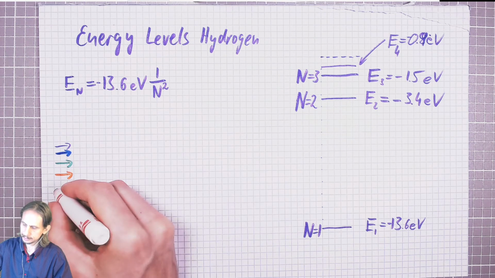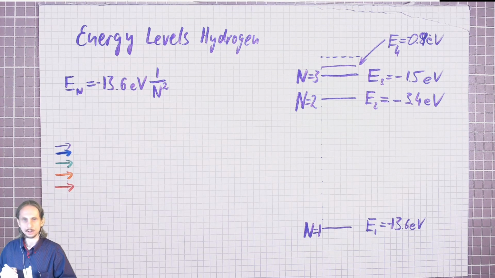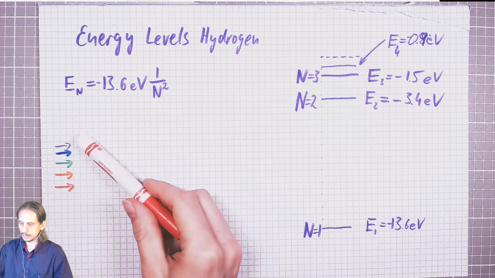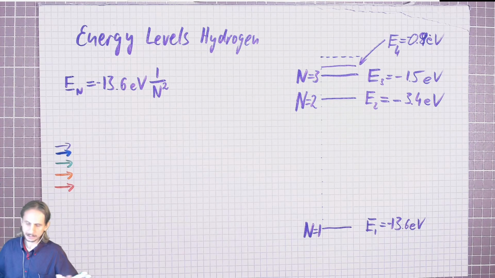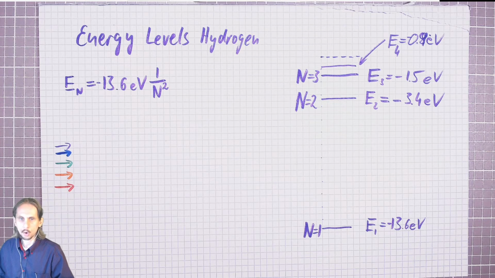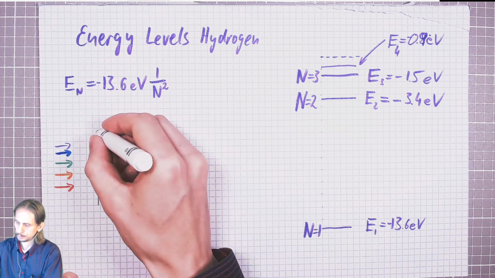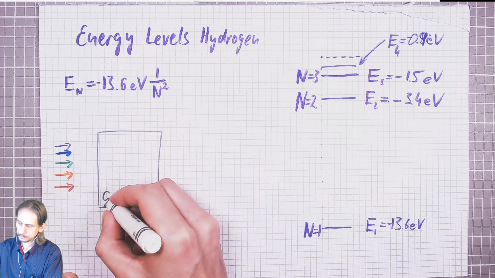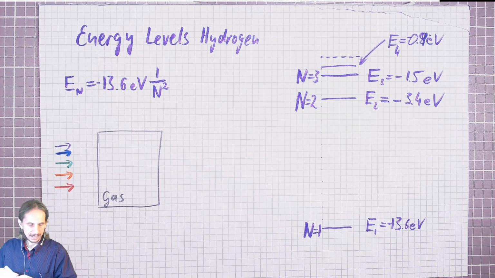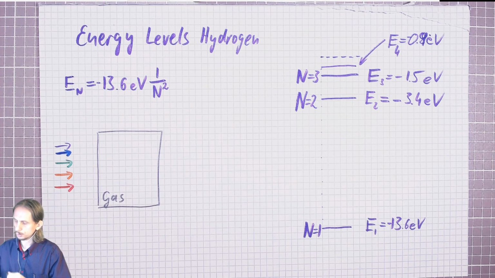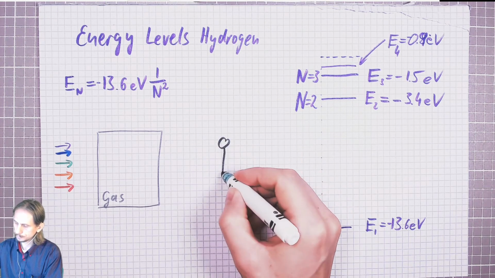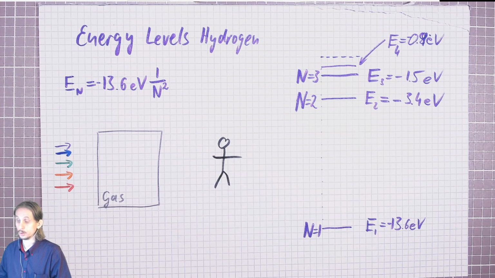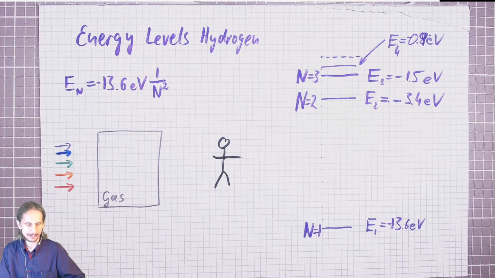And what I'm doing here is I'm going to draw the rainbow. We have already seen it's violet, blue, green, yellow, orange, and red. Then we're going to have a gas cell. And then there's going to be an observer over here who's going to look at what light they can see.